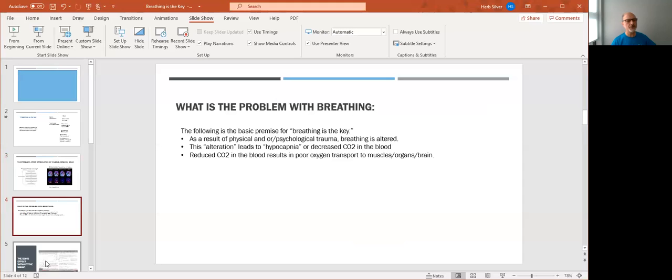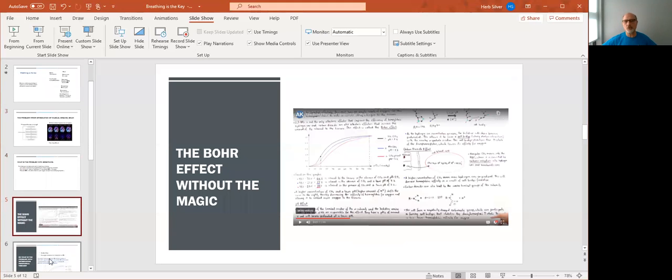Now, how do we know this? Well, in 1904, Bohr came up with the Bohr effect, and he analyzed what the ideal acidity level in the blood needed to be in order for oxygen to most efficiently disassociate. And this is the oxygen disassociation curve we're seeing here.